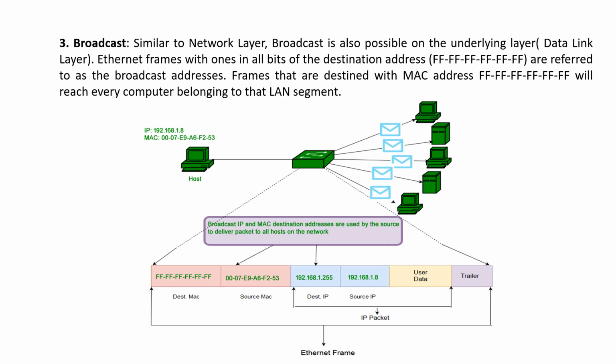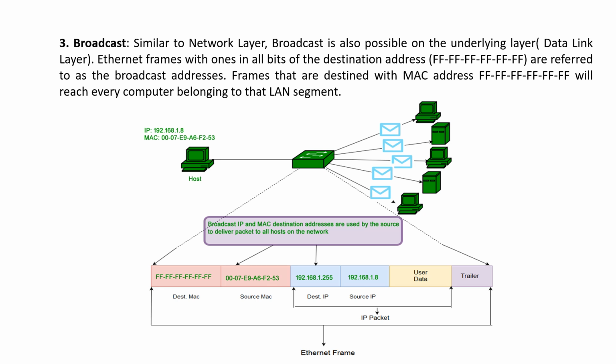Next one is broadcast. Broadcast is forwarding data to all the connected devices. If a bridge or switch gets a destination MAC address of broadcast format, it transmits the message or frame to all other connected devices.